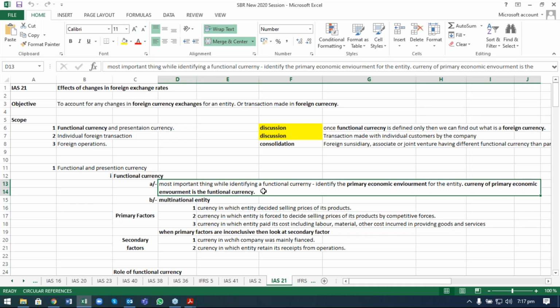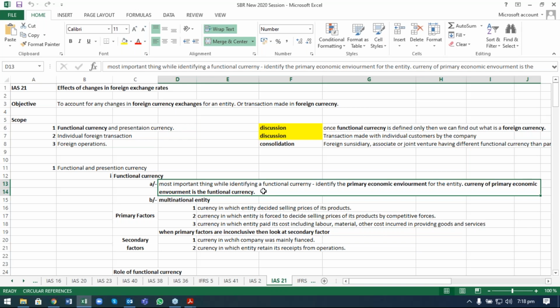Now there comes another issue. If there is a local company working in just one jurisdiction, so the company does not make its sales in different currencies, and is not required to get services and items, raw materials, in different currencies.